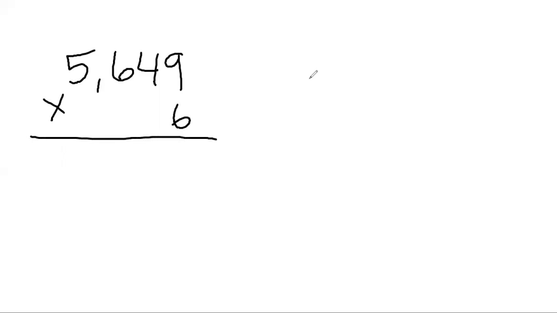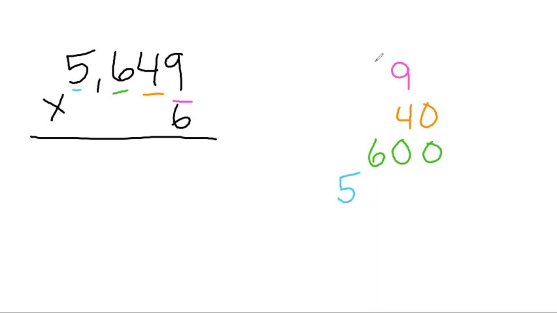Try another one. 5,649 times 6. Okay, first step, let's break those numbers apart. 9 in the ones is worth 9. 4 in the tens, 4 tens is 40. 6 in the 100s is 600. 5 in the thousands is 5,000.